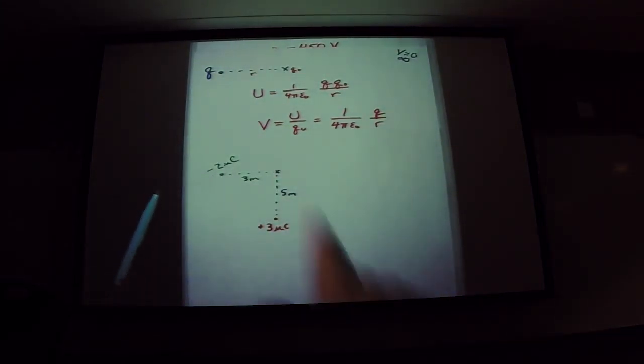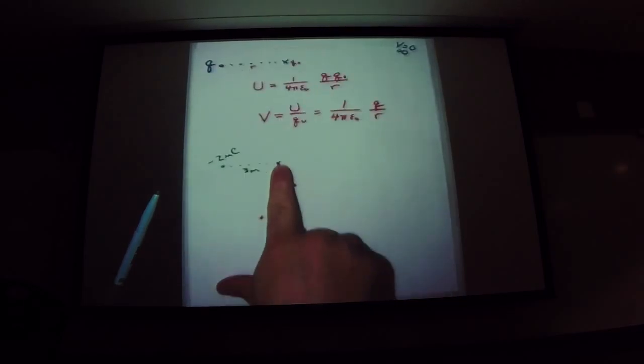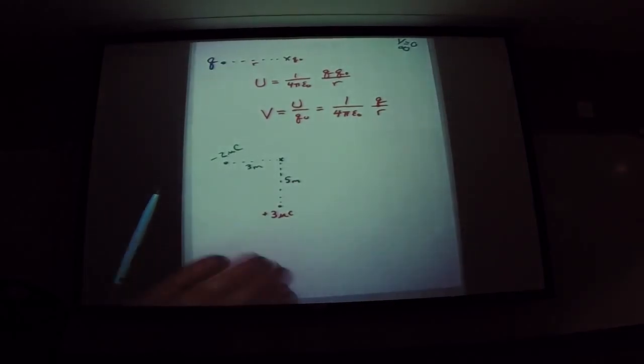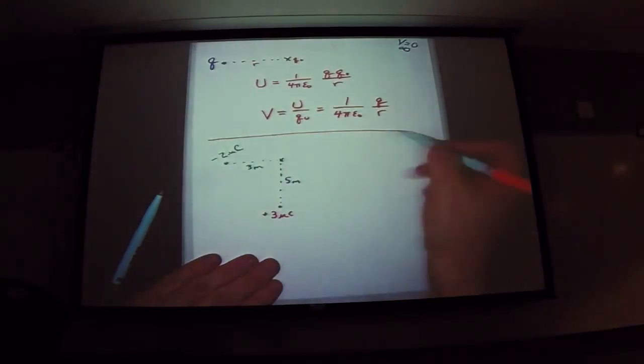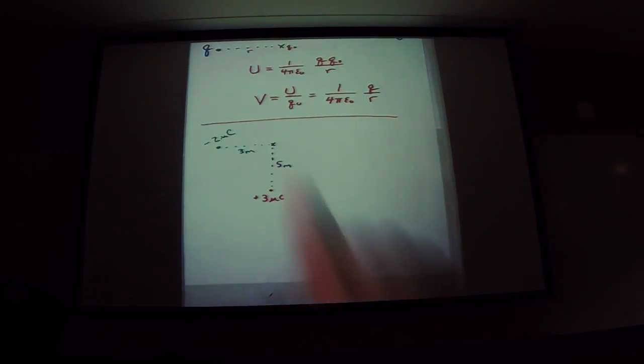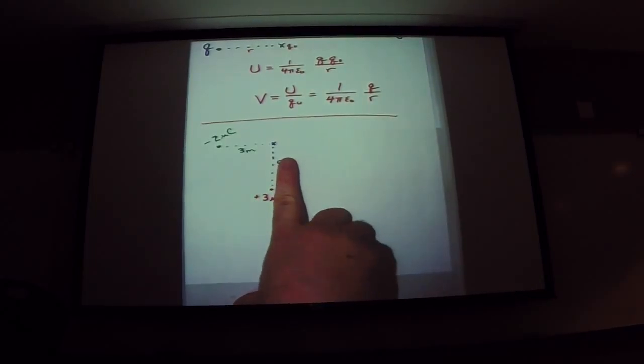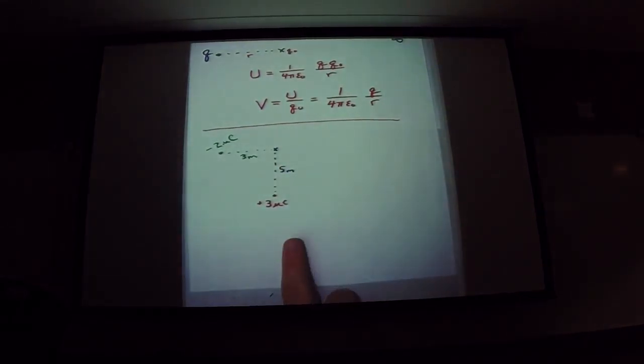And I want to know, what is the electric potential at that point? Well, just like we've done for electric fields and forces, I want to add the electric potentials contributed from each of those two charges at that point.